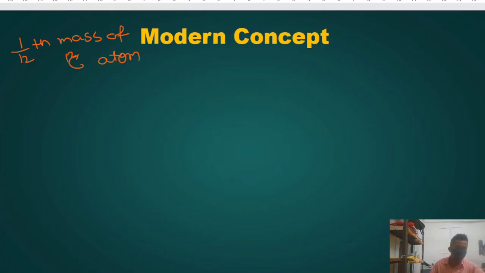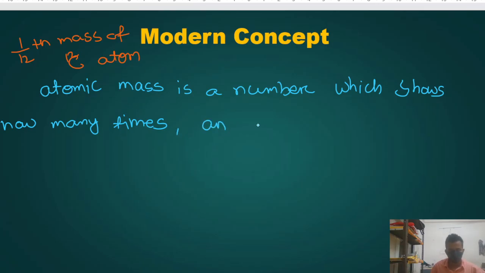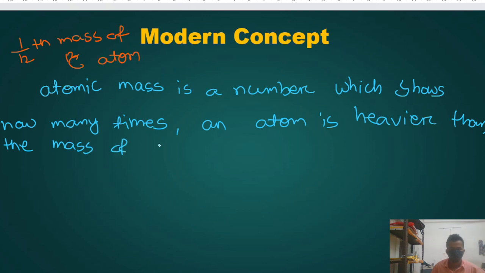Like the old concept, I can write here that atomic mass is a number which shows how many times an atom is heavier than 1 upon 12th mass of carbon-12.